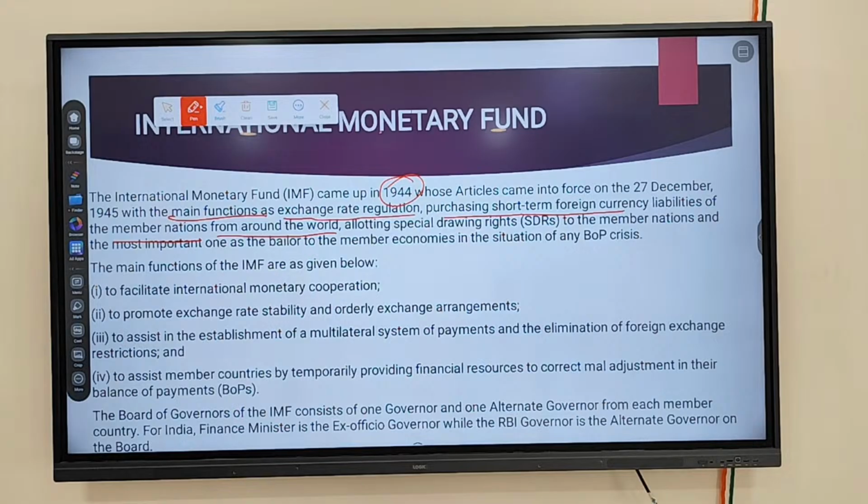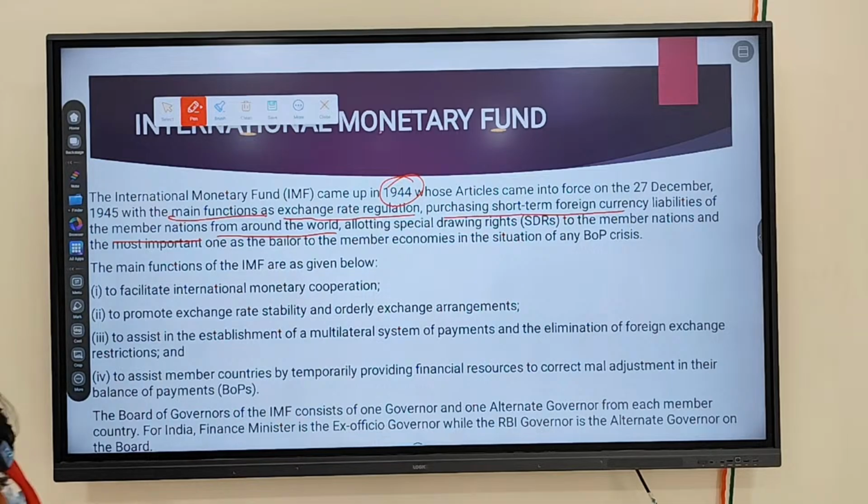Once that country can regrow and bring its economy back into the positive, it can pay that money back. During 1990, there was a BOP crisis, and we had forex reserves for only 14 days. The IMF gave instructions and certain reforms for India to implement.